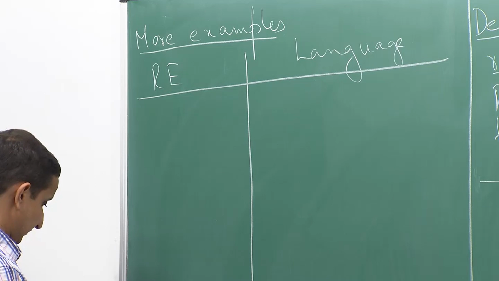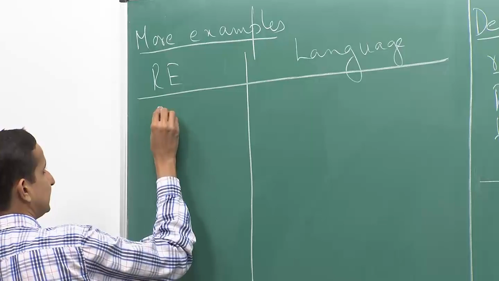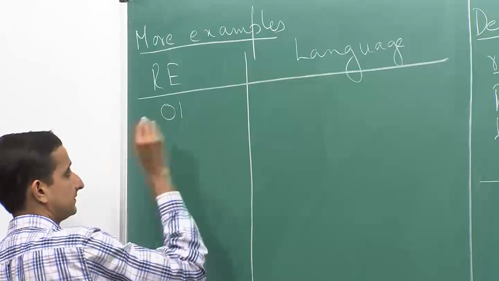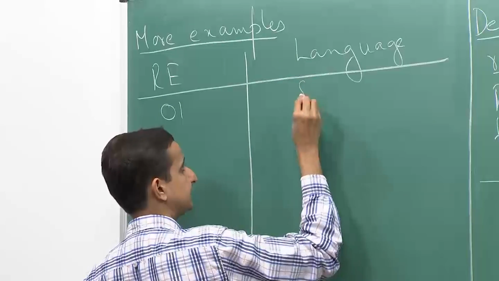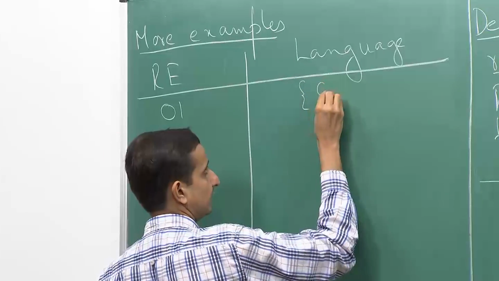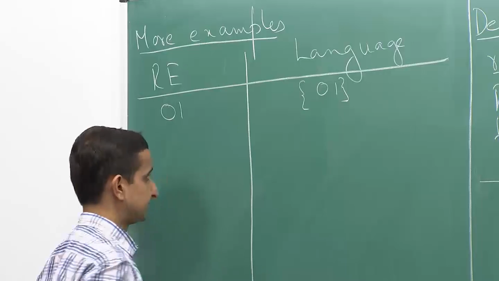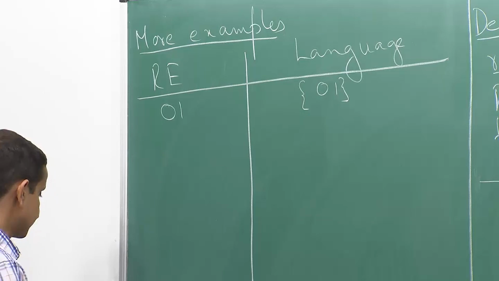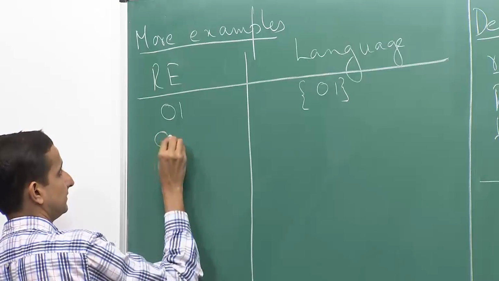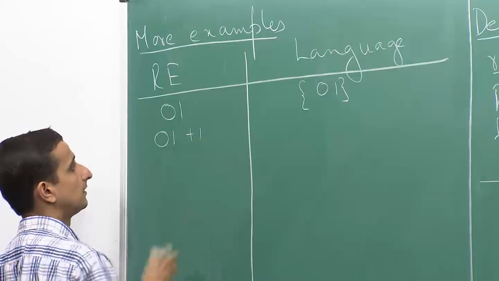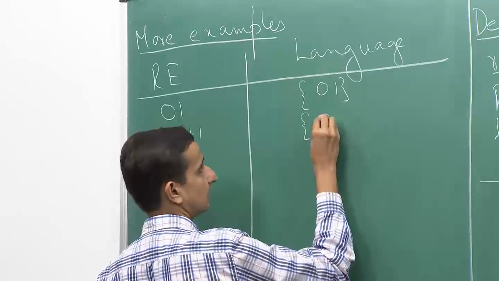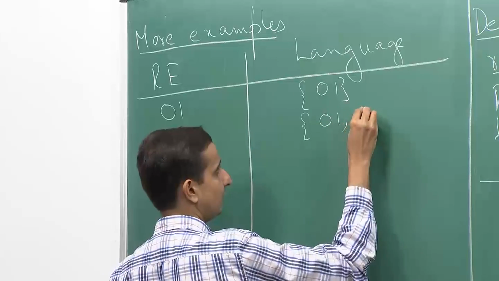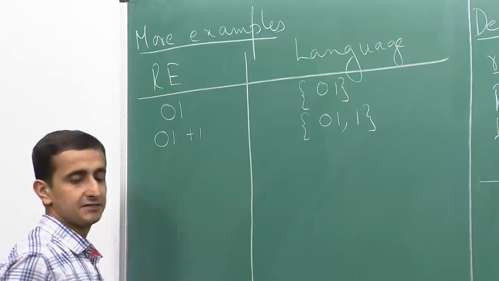So, the first one is let us say the regular expression 01. We saw something similar earlier. So, this basically is the language which has only one string 01. Next, let us take 01 plus 1. Okay. This has the strings 01 and the string 1.